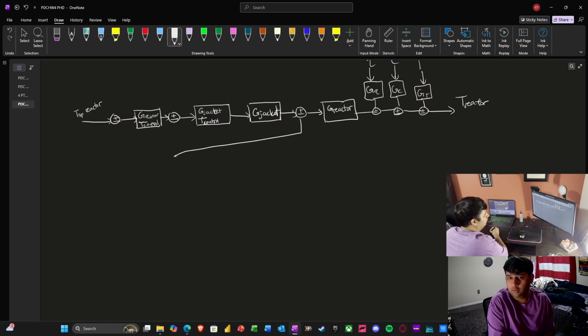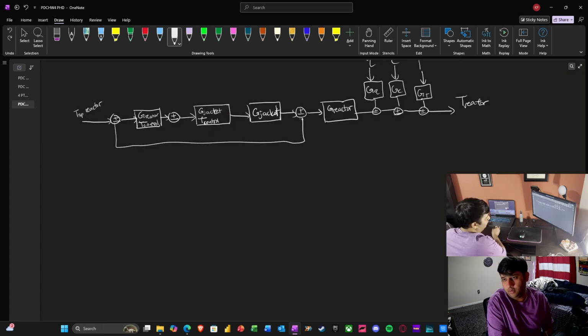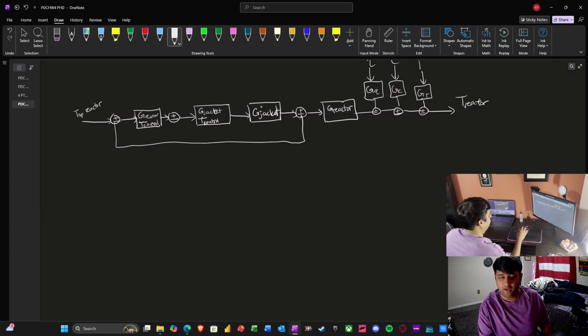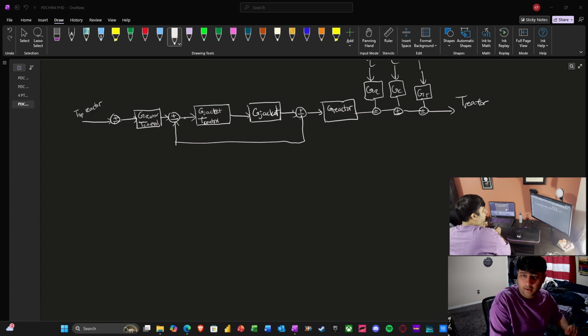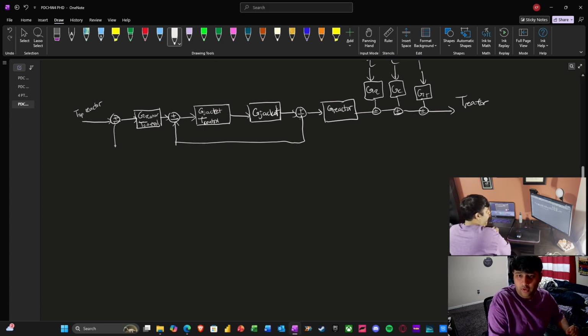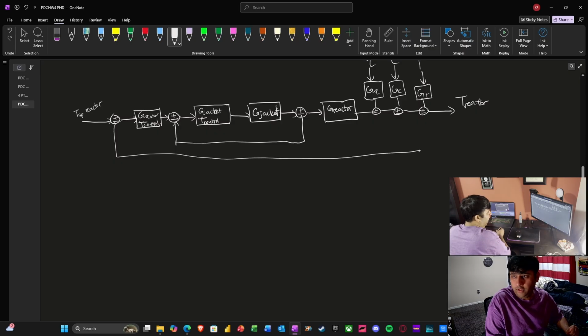Our controller here will be talking to this one in terms of flow and temperature. Actually, just go into this controller, and then our controller here will be regulating right there.